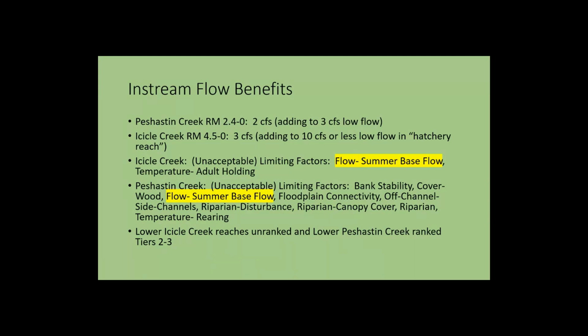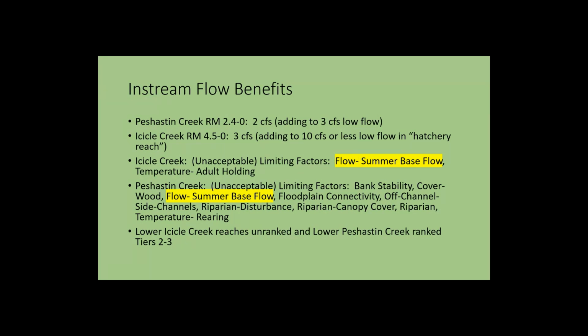At least from our view as a sponsor, it's a bit of a challenge having the Icicle reaches unranked, because there are scoring factors, at least in the RTT criteria, that you can't score points in if a reach is unranked. We all know this is an important reach, and there's a large group called the Icicle Work Group trying to improve in-stream flows there.